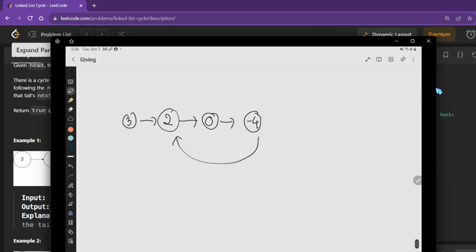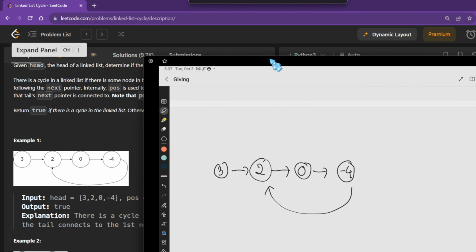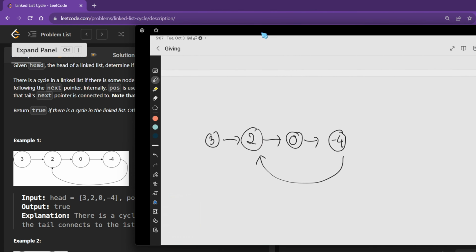So we have 3, 2, 0, minus 4. What we essentially do is have two pointers. If you remember the race of the rabbit and the rat, if they meet each other at some point, it means the linked list has the cycle. It's just that easy.